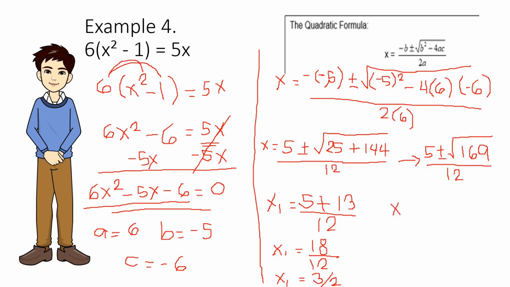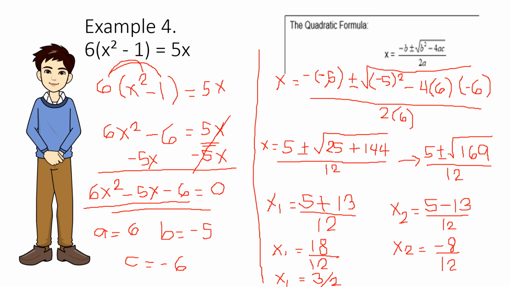For the value of x sub 2, this time gagamitin natin yung minus. So, 5 minus square root of 169 is 13 all over 12. So, we have x sub 2. We have 5 minus 13. Subtract natin since magkaiba sila ng sign. Isang positive 5, isang negative 13. We have negative 8 all over 12.